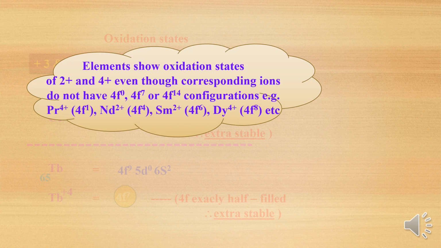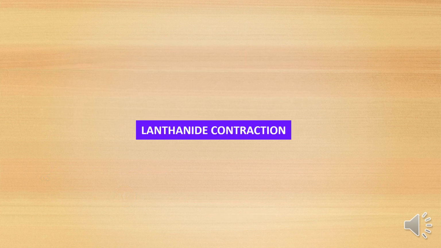So these elements possess the plus 4 oxidation state: first praseodymium, second neodymium, third samarium, and fourth dysprosium. These four elements also possess the plus 4 oxidation state.